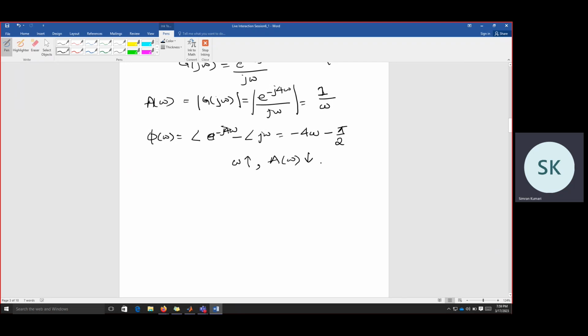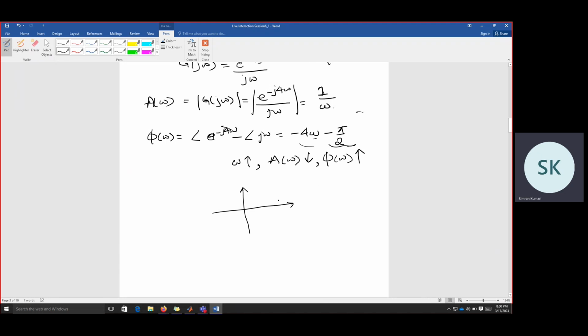What about the phase shift? The phase shift is in the negative direction, so that will increase. And at omega equal to 0, what is the amplitude? This will be kind of infinity. What will be the phase shift? This will be minus 90, minus pi by 2.